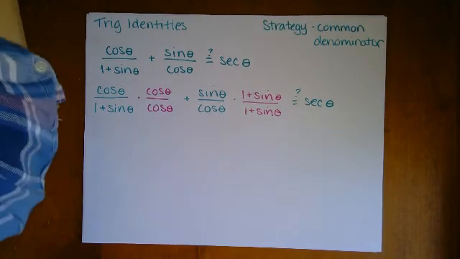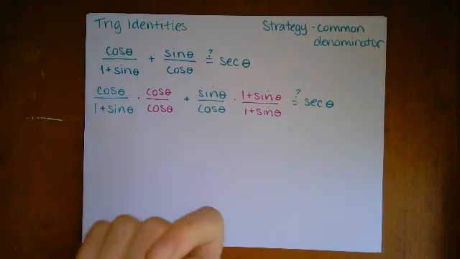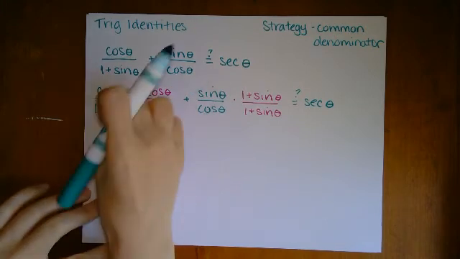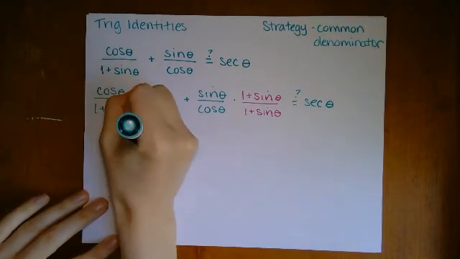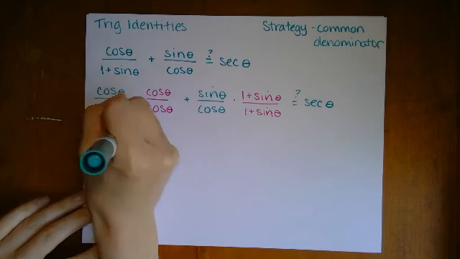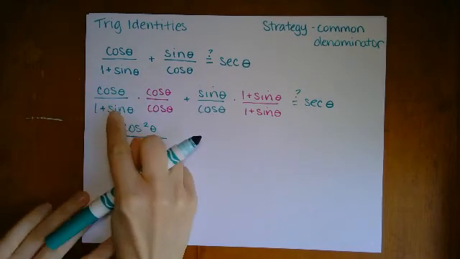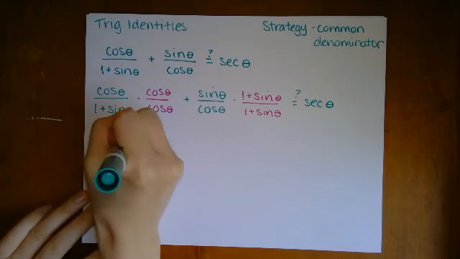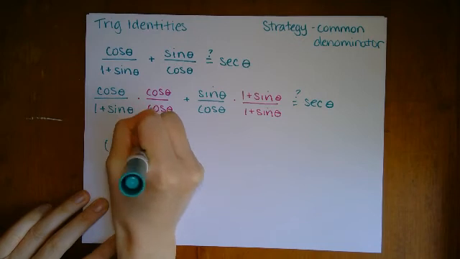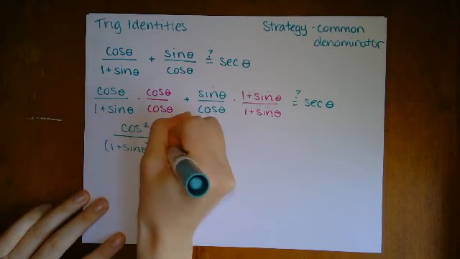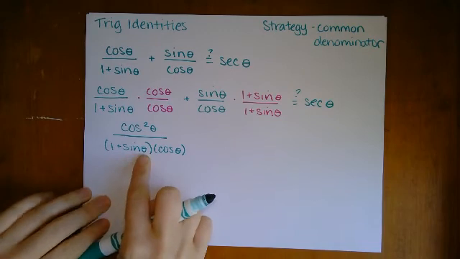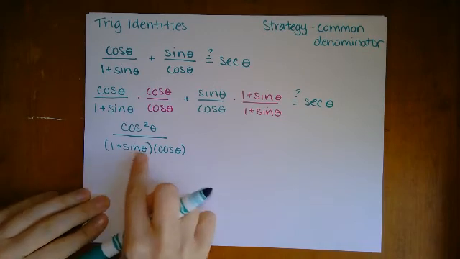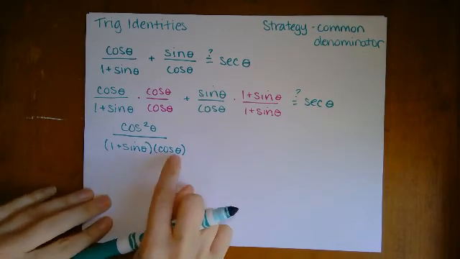So now hopefully we remember that when we're working to get common denominators, we just multiply these together. So I'll have cosine times cosine is cosine squared. The denominator is 1 plus sine theta times cosine theta. The parentheses are very important here because if you didn't write the parentheses, it would look like only sine and cosine being multiplied.